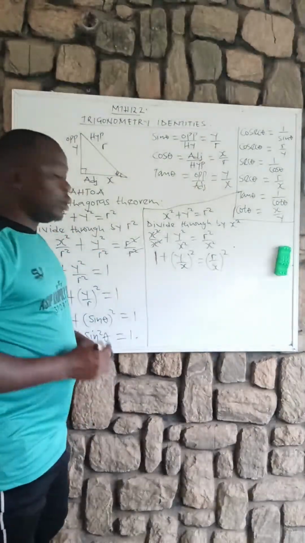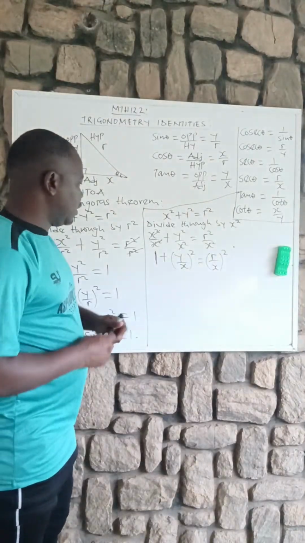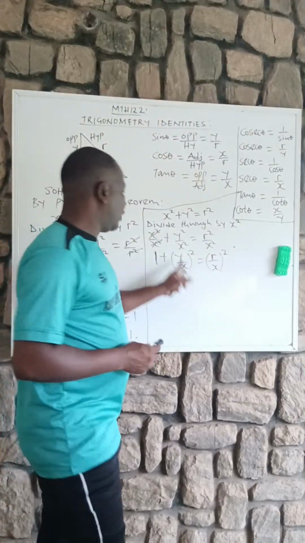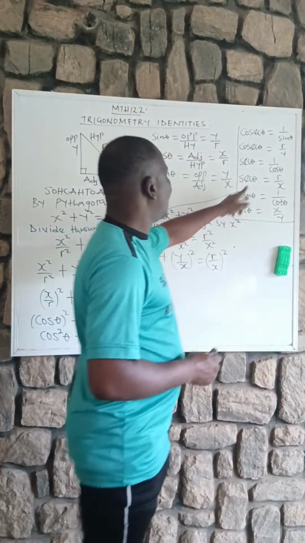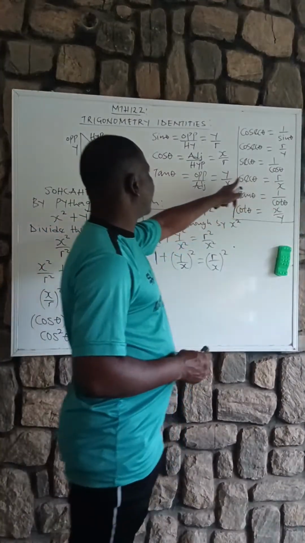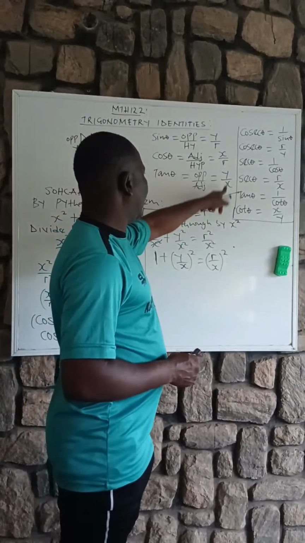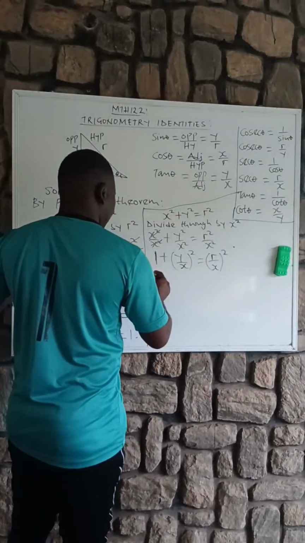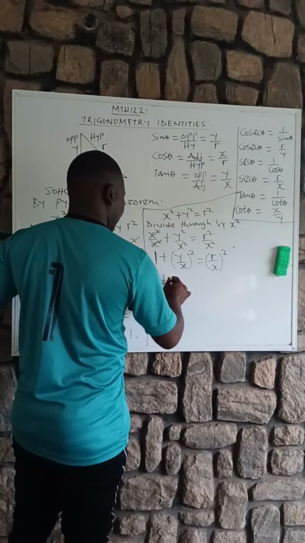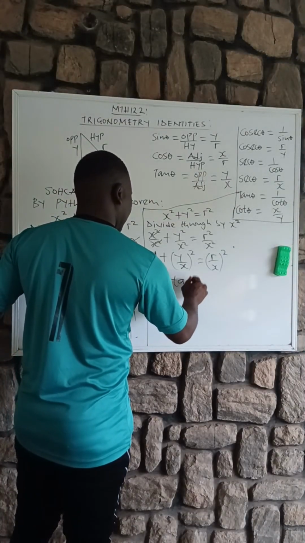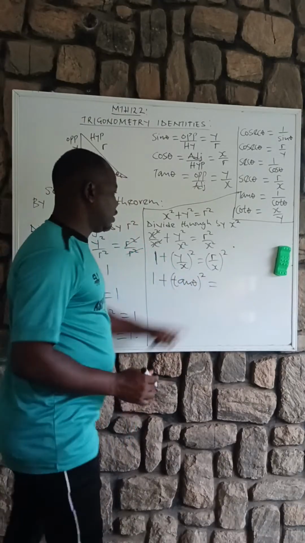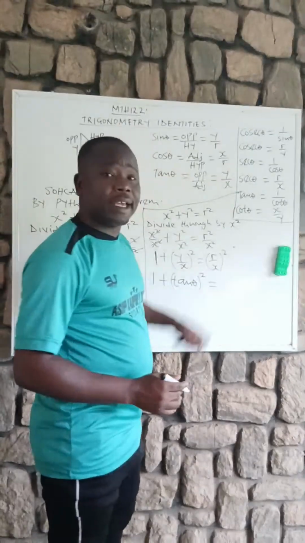Okay, so now let's define y over x and r over x. What is y over x? Y over x is tan theta. So here will now be 1 plus tan theta all squared, equals, let's define r over x.